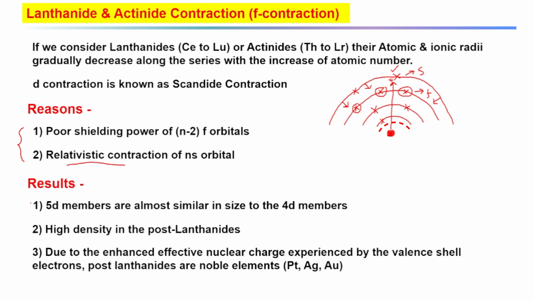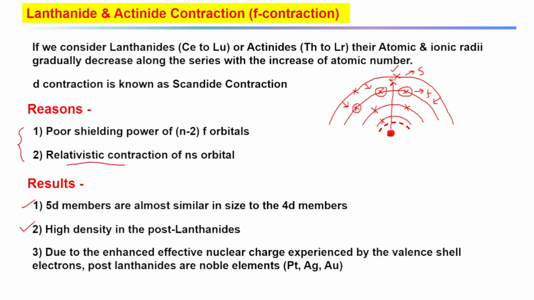Now what are the results? The 5d members are almost similar in size to the 4d members. The same kind of contraction happens in the d block elements also, which is known as scandide contraction. Because of that, the 5d and 4d members are of similar size. Actually, the 5d members should be bigger because they have an additional orbit, but still they are almost similar in size.